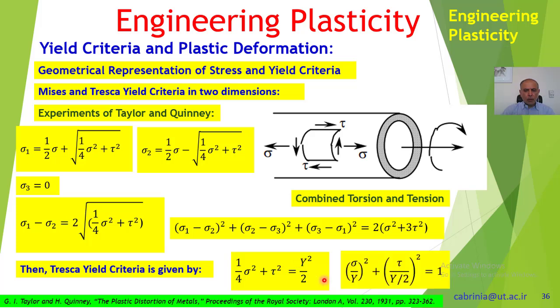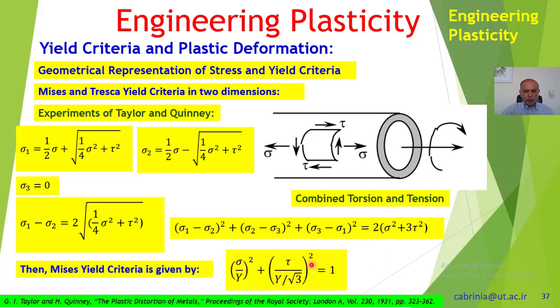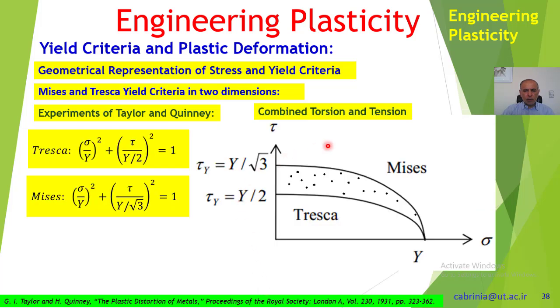In fact, you can see here that we have an equation for an ellipse again for Tresca, because in fact that hexagon is so stretched that it has become an ellipse. And also for the Mises criteria we have another ellipse, and that's how they look.